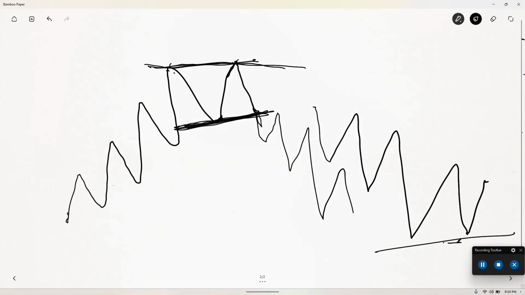The market will start going down. Because of what? Because it has broken this recent low and it failed to break the top, which resulted in double top. Okay?